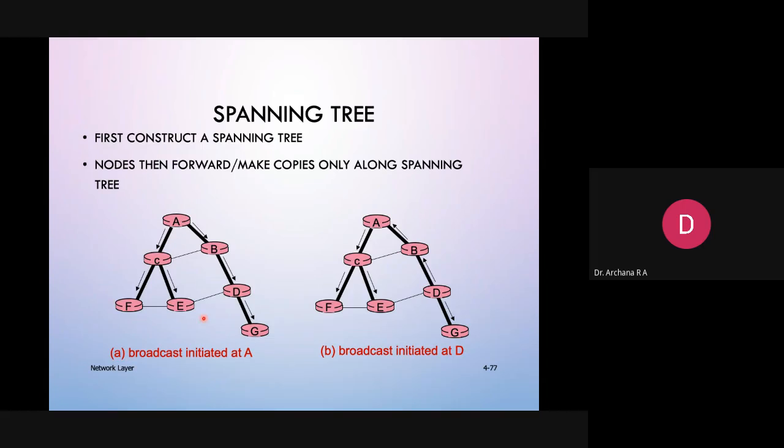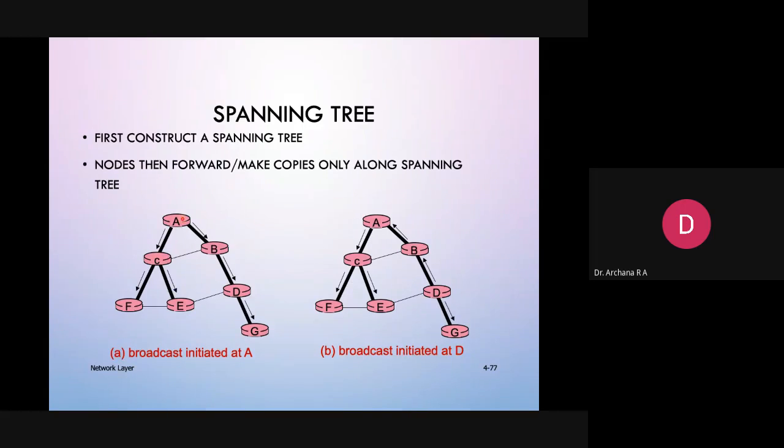We have to cover all the nodes, and we have to see that the shortest path exists. With the shortest path you have to cover all the nodes. So this is not, see, F to E or E to F or E to D or D to E or C to B or B to C. These paths exist, but they don't come under the shortest path. All the nodes are reachable, but with the minimum cost.